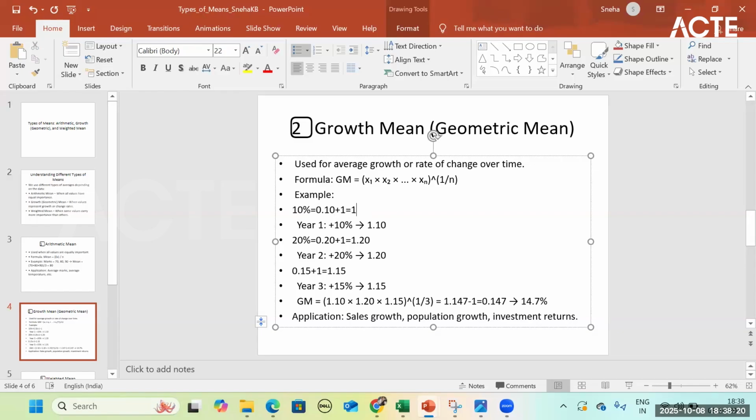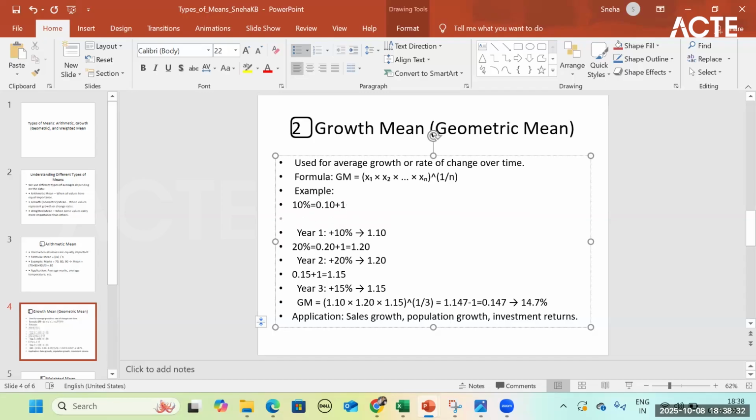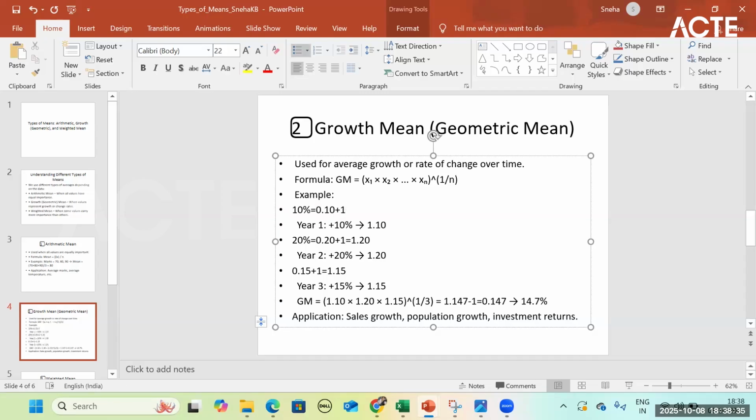Okay. Plus 1, ma'am. So it is easy for the calculation. I'll tell you why it is important when you go further, I'll tell you how it is converted. When I add 1 to it, how much would be the value? 1.10, right? Yes, ma'am. So year 1 will be 1.10. Year 2 is 20%.